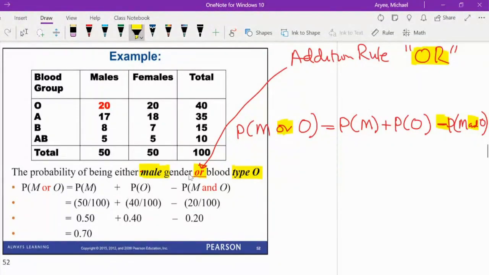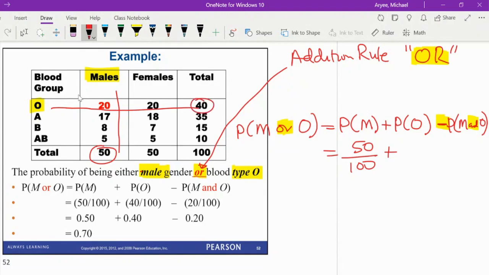Now ask yourself, all the males, what is it? 50. So this will be 50 over 100. Now, all the type O is 40, right? So plus 40 over 100. By so doing, you have double counted something.